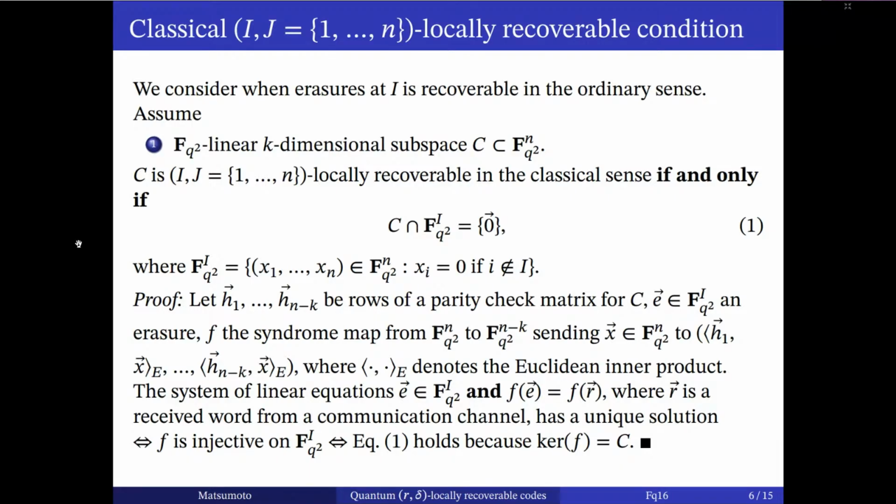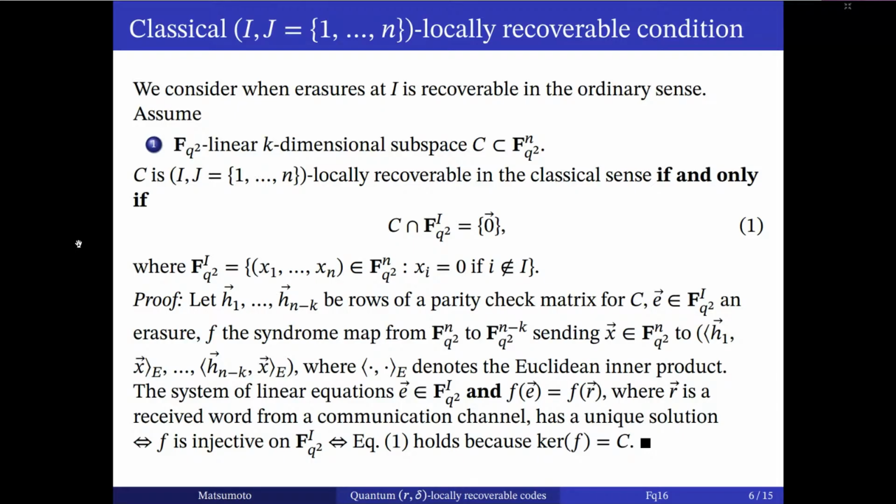Consider rows of the parity check matrix denoted by H1 to H_{n-k}, and vector E is the erasure, and F is the syndrome map defined by Euclidean inner product. Then the job of the decoder is to solve this system of linear equations. That is, the erasure vector must belong to this set, and the syndrome of this erasure must be equal to that of the received one. Okay?